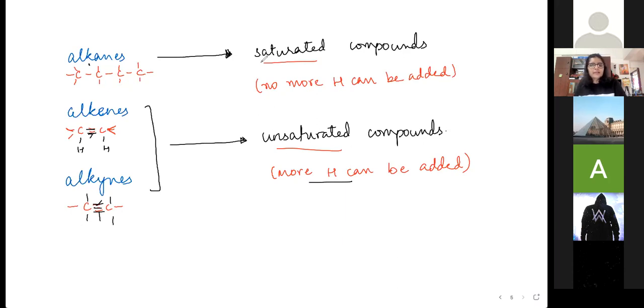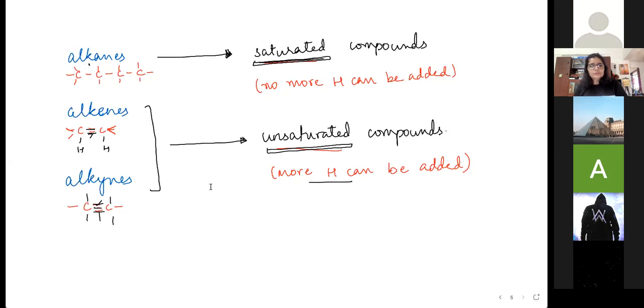That's why we call alkanes saturated compounds, and alkenes, alkynes unsaturated compounds. Okay? Okay, ma'am. Clear? Yes, ma'am.